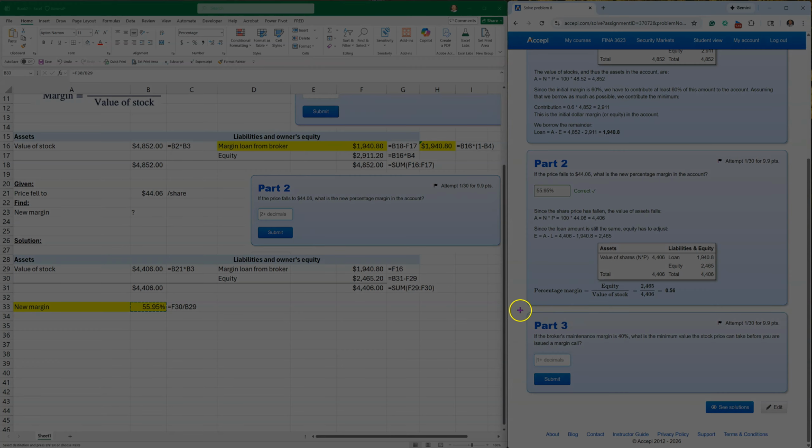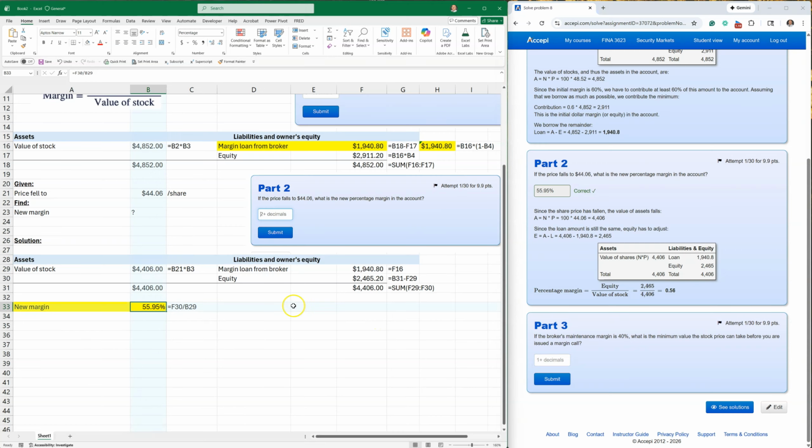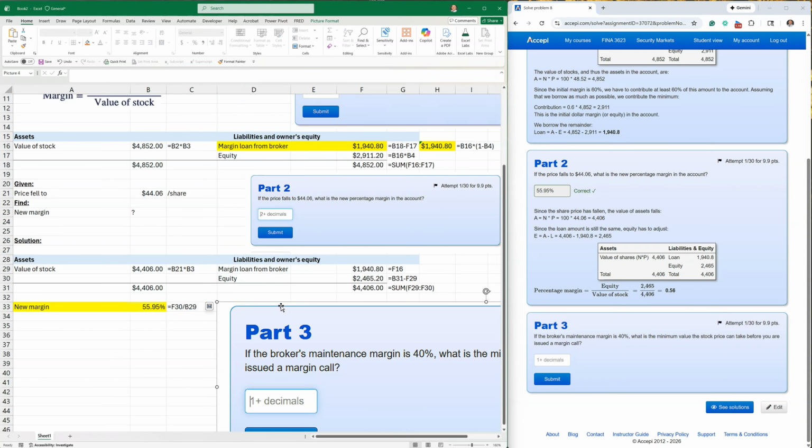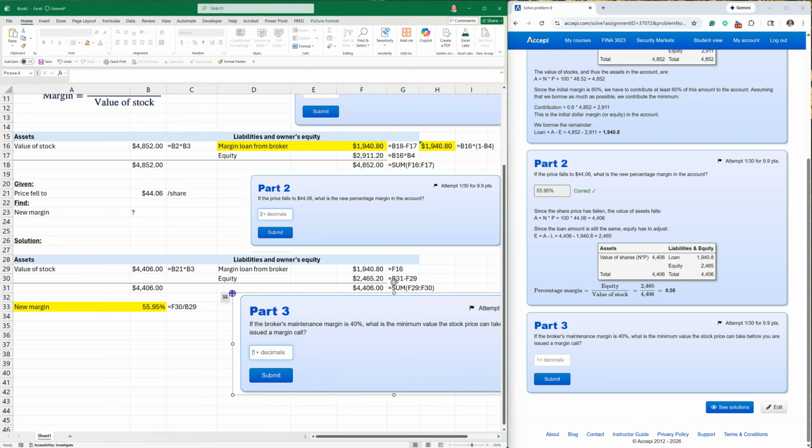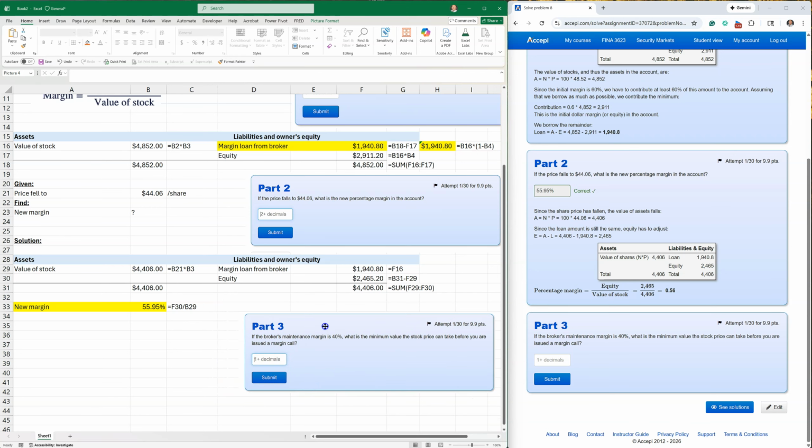All right, so let's go to the third part. Let's go ahead and paste that in. Okay, so now we're given maintenance margin. That's what the broker requires you to have in, 40% of your equity.